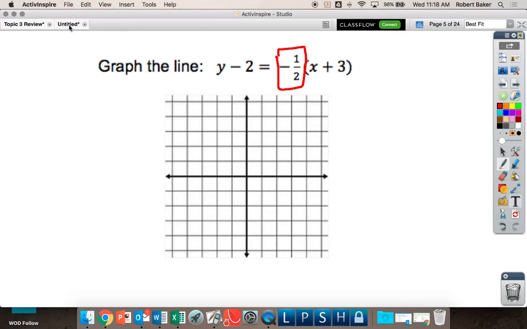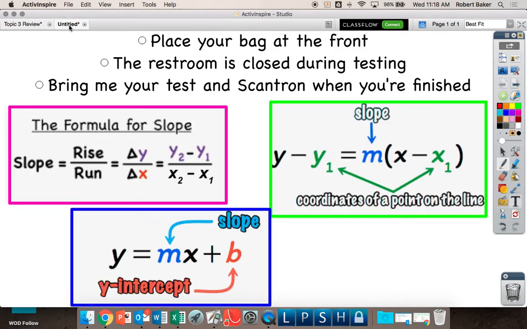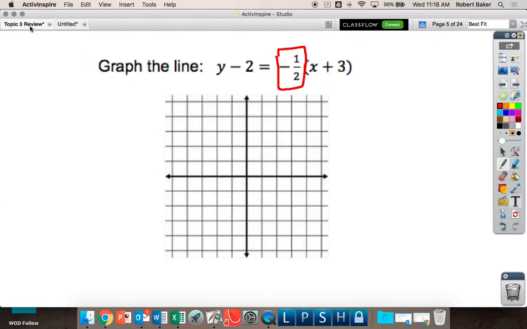That comes from this equation, the point slope form. So your slope is -1/2. And you have a point. It says that the y coordinate is -2, but it really means +2. And it says the x coordinate's +3, but it really means -3.